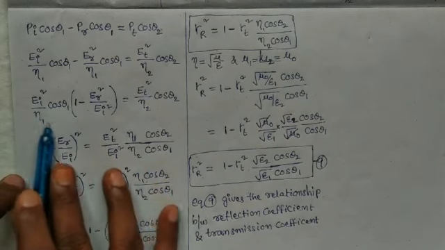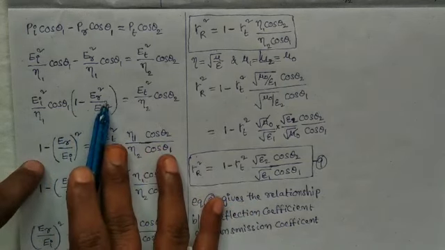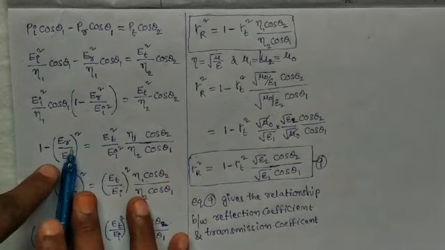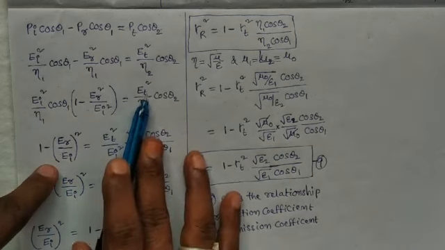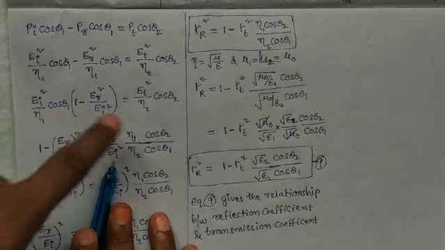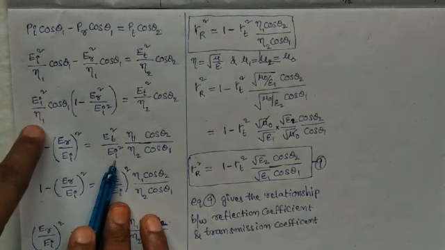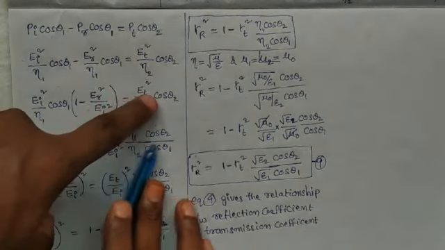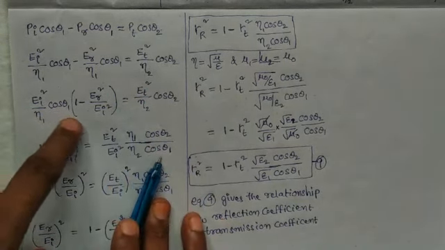Taking this total term to this side, it is 1 minus Er by Ei whole square, equal to Et square by Ei square, where eta 1 becomes the numerator: eta 1 cos theta 2 by eta 2 cos theta 1.